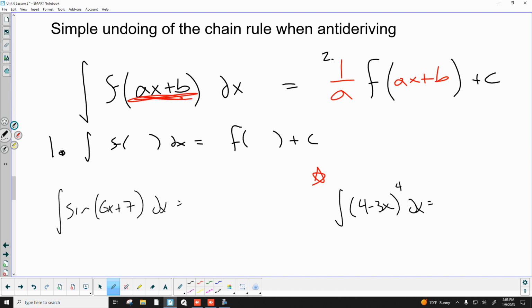Start with the antiderivative of the outside. Oh, good.